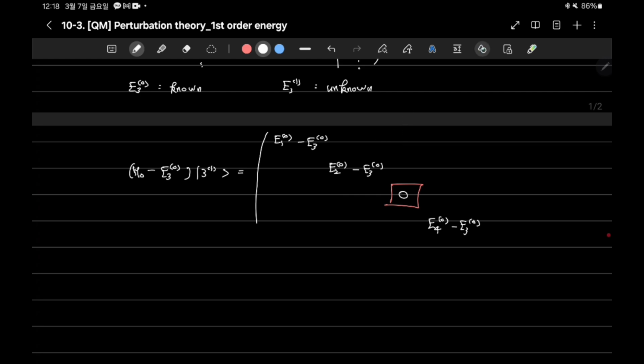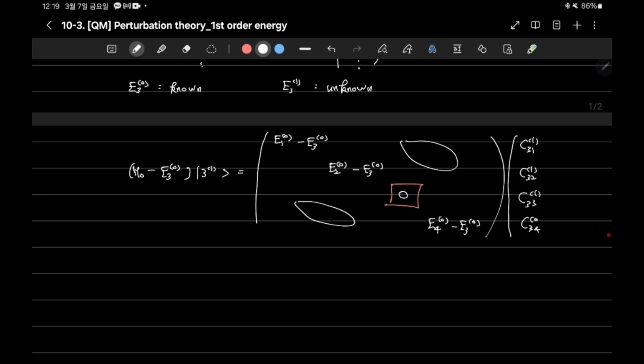H0 here is the unperturbed energy, and it is also diagonalized. And also the eigenvector for first order, we choose C31 first order, C32 first order, C33 first order, C34 first order.